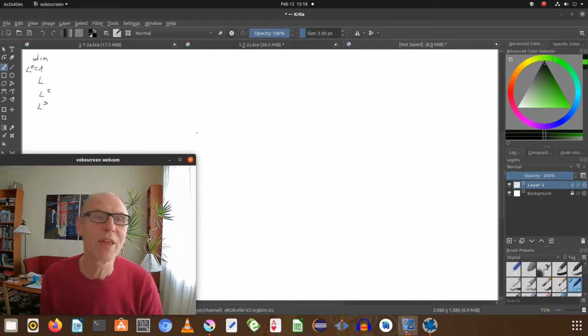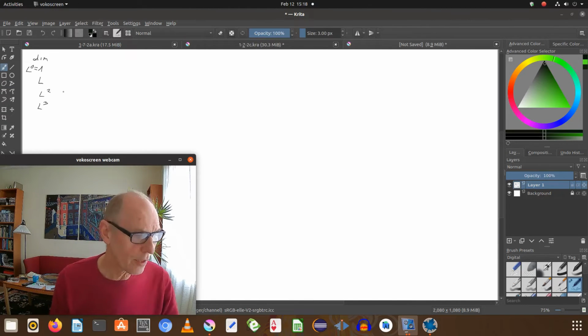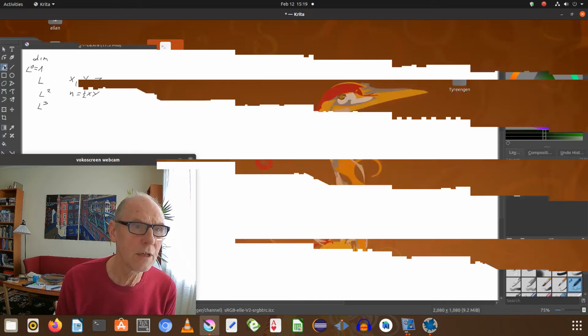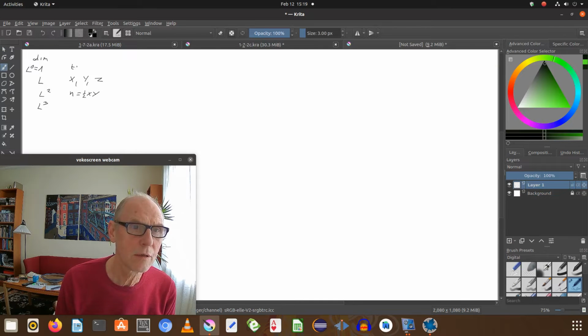So I'm back. I've thought a little about dimensions here. Now, if we put x, y, and z to have dimension L, then n, which is half xy, has dimension L squared, and t, being y divided by x plus z, is a scalar.